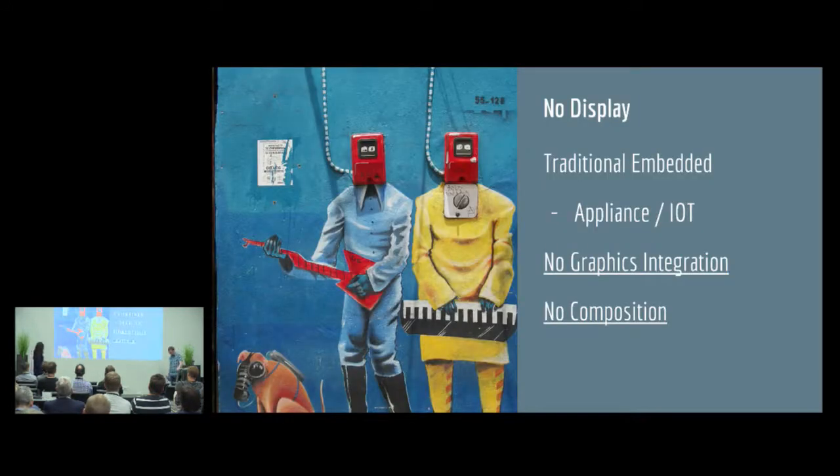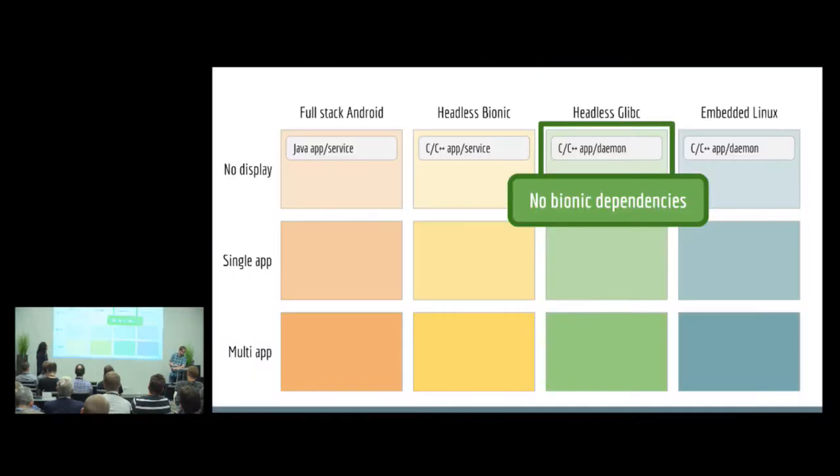So first of all, you have this no display, and it has 2 advantages when it comes to how complex your solution has to be, with regards to it doesn't need any graphics integrations and you don't need any composition. So we're going to be focusing a lot on this green column in my talk right now, and then later on Johan will talk more about the yellow column.